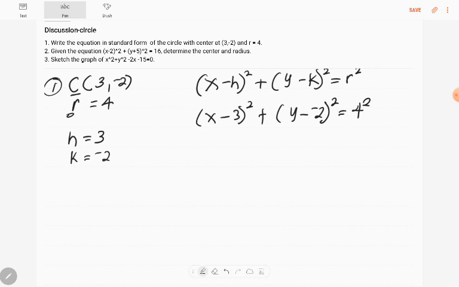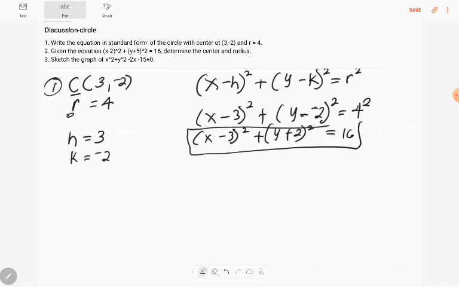Now we have to simplify. You'll get (x - 3)^2 + (y + 2)^2, plus because of the negative signs, equal to 16.